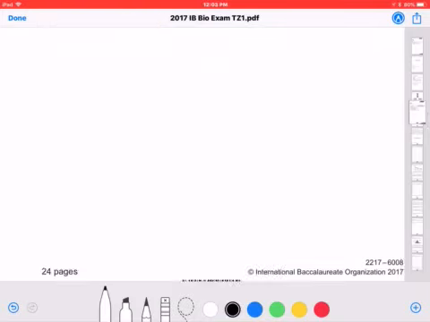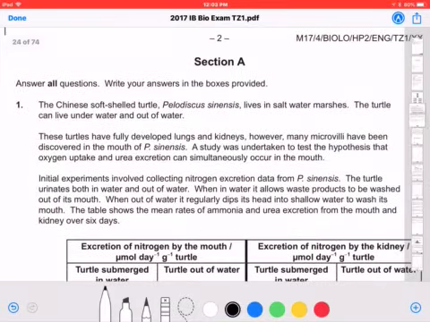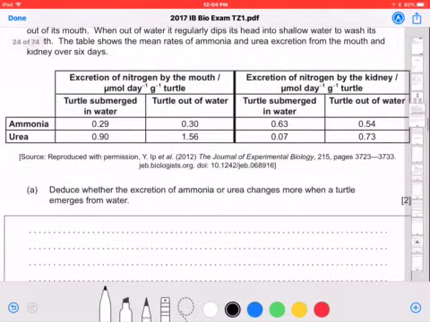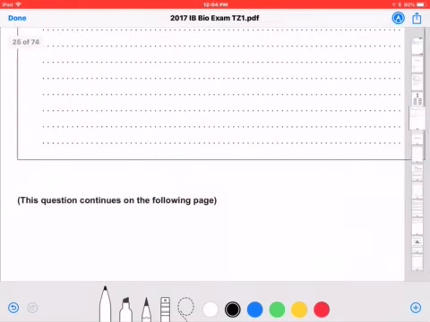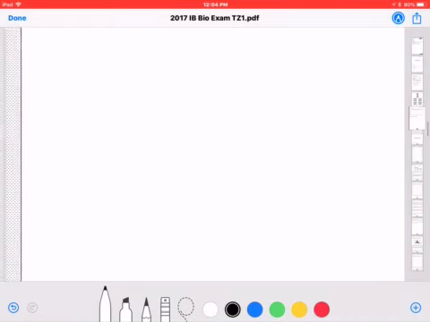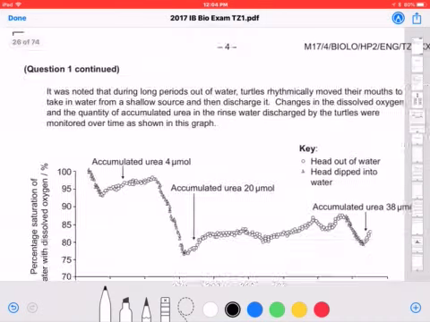Let's look at Section A. So Section A is going to be the data interpretation style questions that then lead into questions about content. It's the questions that are like 1, A, B, C, D, E, F, lots of parts building on each other.